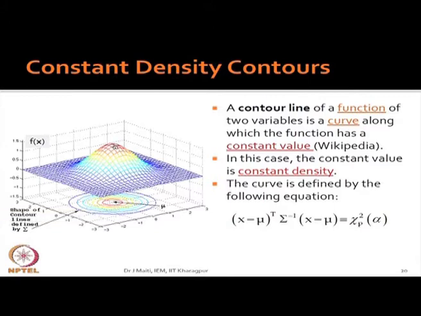If you just look from the top, you will first see the point for this top. Then if you come a little lower and take a cross section, you will see this ellipse.